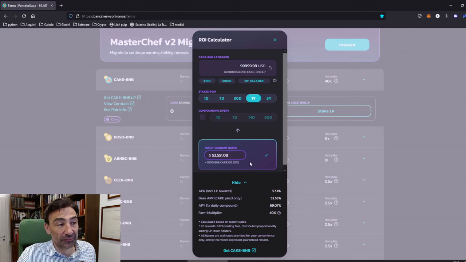Okay? But if every month I withdraw my interest, which is technically called harvesting, and I put the interest back into the liquidity pool, split in Cake and BNB, so I compound the interest, and if I do it every month, look, I will gain... what is it?